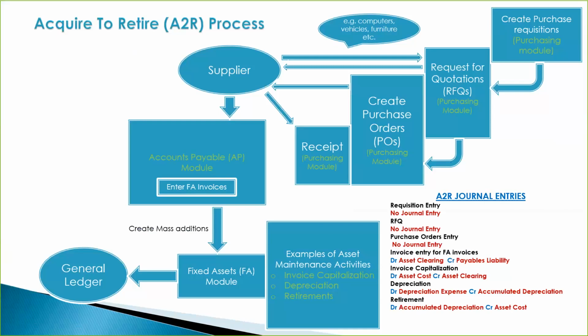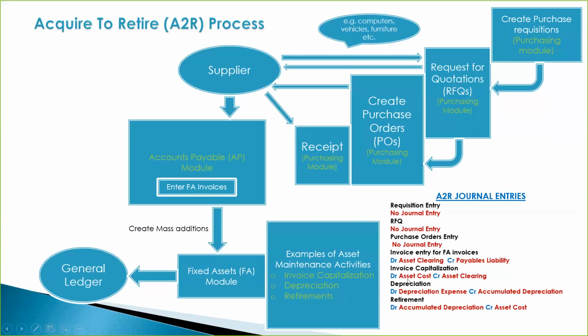Now, as far as the retirement is concerned, when you're removing the asset from the system, the accounting entry that will be generated will be a debit to accumulated depreciation and a credit to asset cost, which basically will offset whatever the cost of the asset that you had earlier when you did your invoice capitalization.